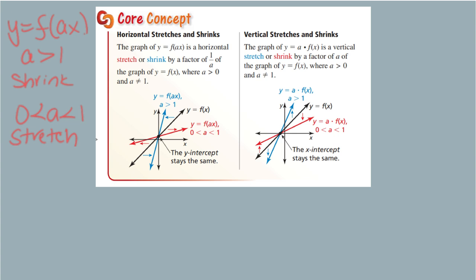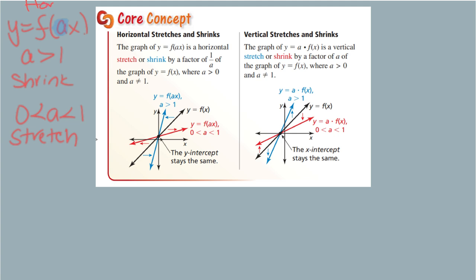So you know, we kind of could see it. The best way I can explain it to you guys is, if you see a number next to your x that is multiplying, not added, not subtracted, but multiplying, that automatically should give you a giveaway that it's going to be a horizontal.